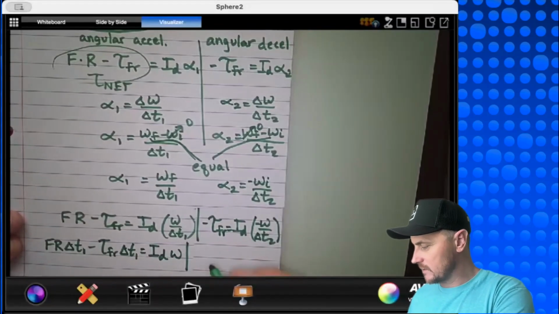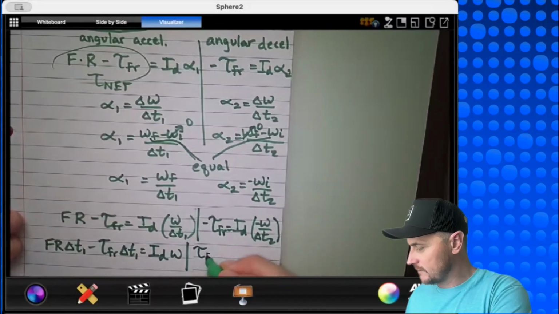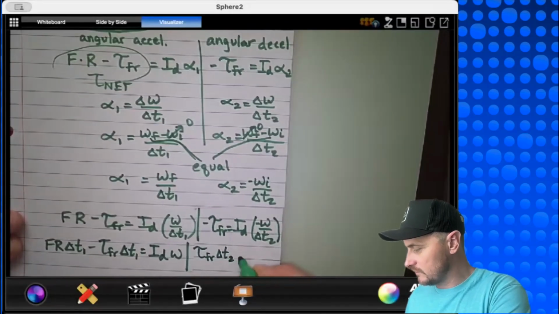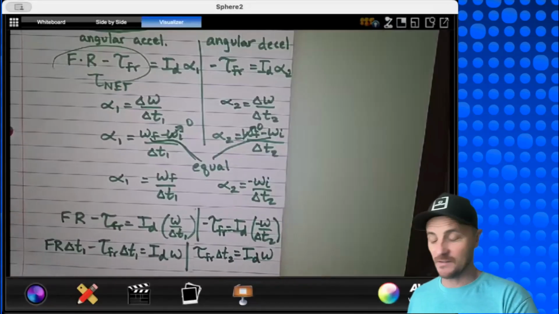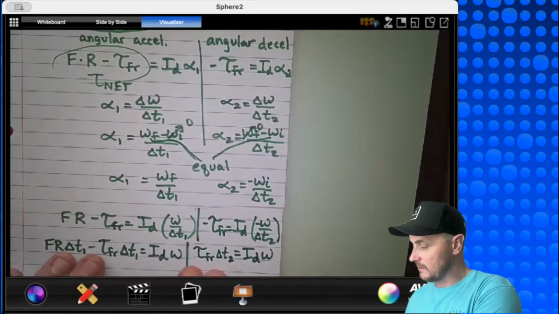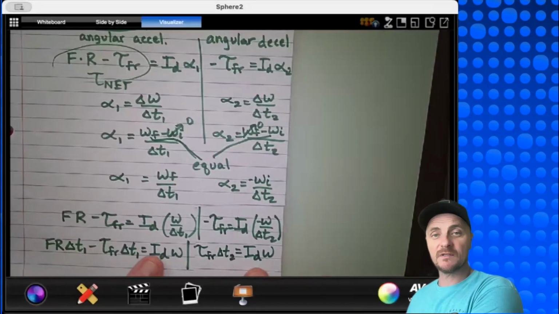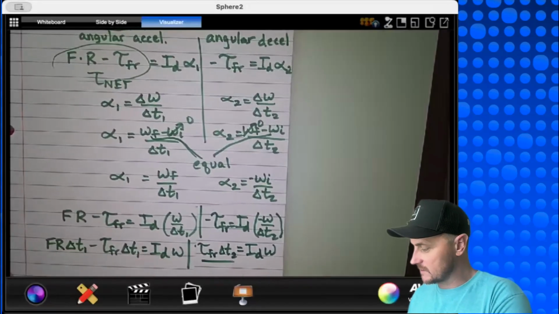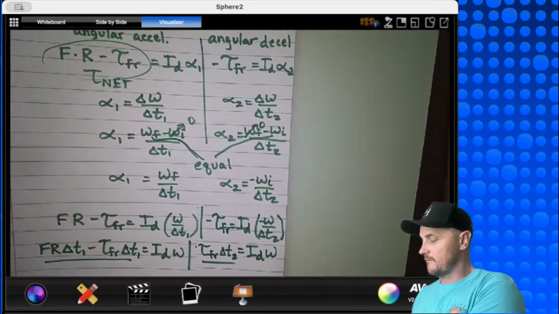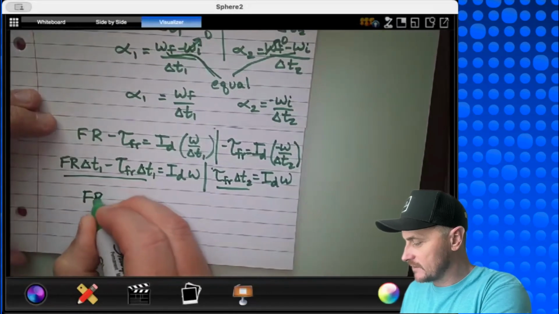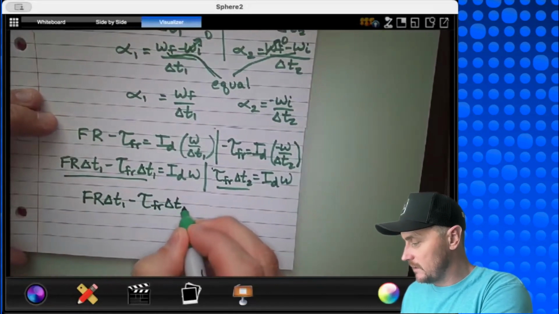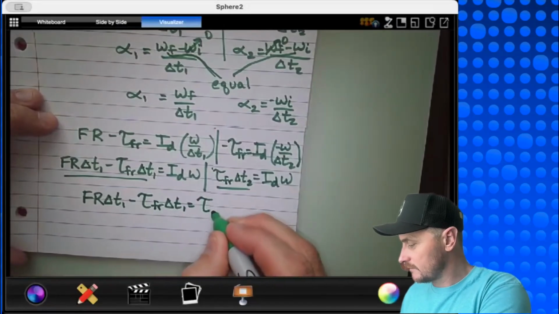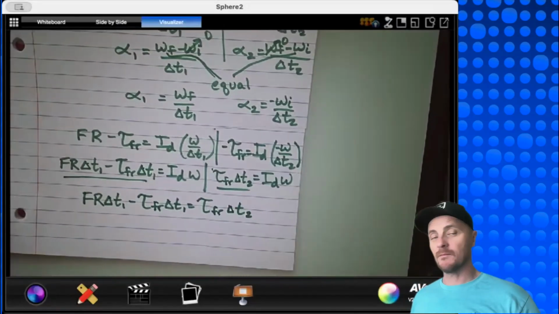And on the other equation, I will have torque of friction times delta T2 equals ID omega. You see it? This is pretty neat. We have these two left sides of the equations equal to the same thing. So that means this must equal this. So finally, I will write FR times delta T1 minus torque of friction delta T1 equals torque of friction times delta T2. Awesome. And I'm almost there.